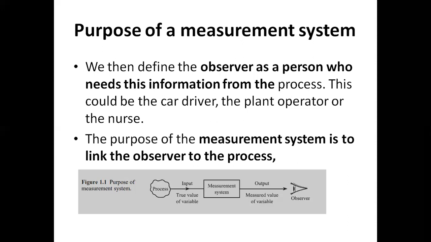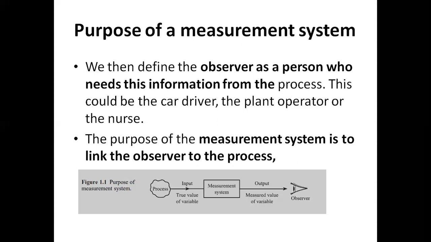And then the measurement system takes that input, does some processing so that it can conform it to a form that the observer can understand, and then gives an output. And this output is what we call the measured value of the variable.